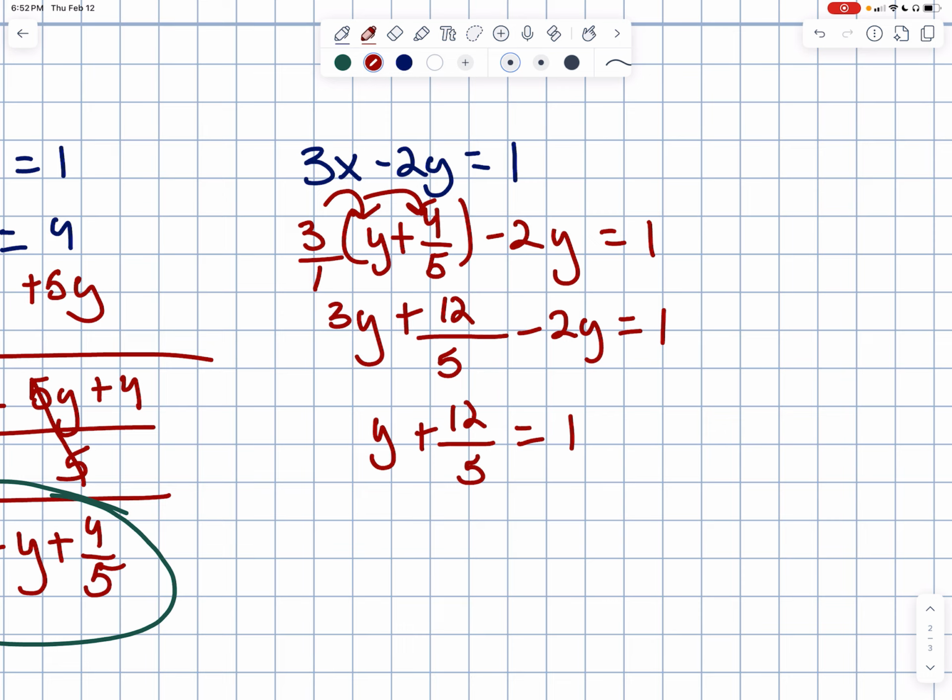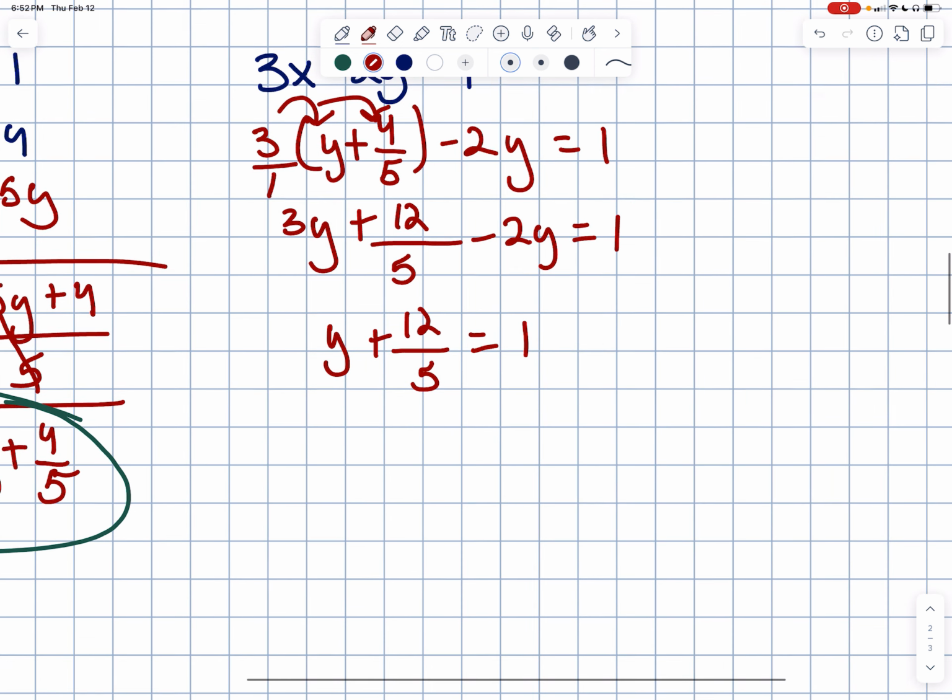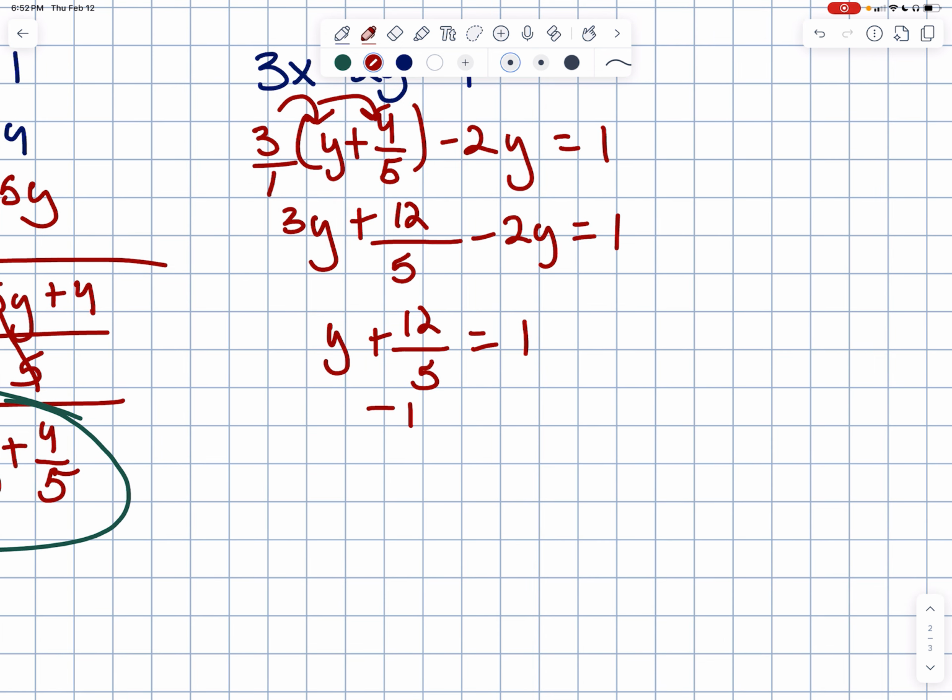We need to get rid of 12 over 5 so we can get y by itself. I know, guys, it's overwhelming because we're subtracting fractions. But just bear with me.